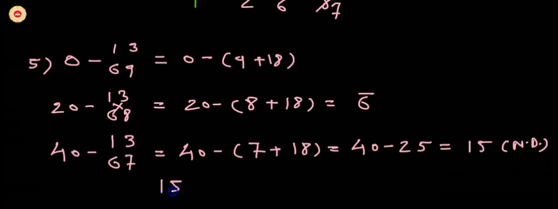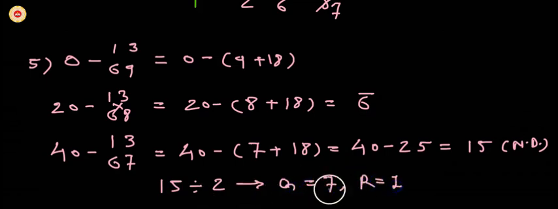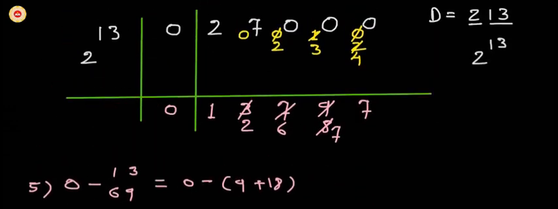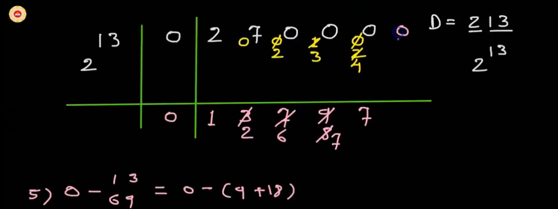So let us divide 15 by actual divisor 2, which gives us quotient 7 and remainder 1. 2 sevens are 14, 15 minus 14, remainder 1. So write quotient 7 below gross dividend 40 and remainder 1 as a prefix to next digit in the dividend. Let me write 1 here.